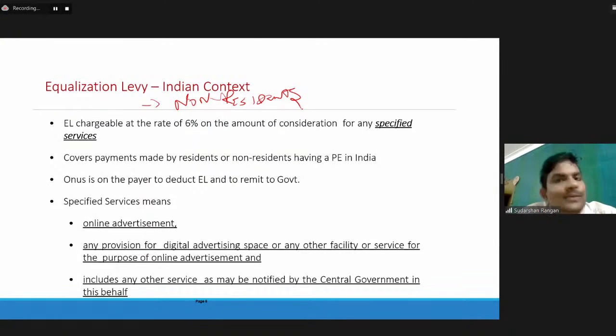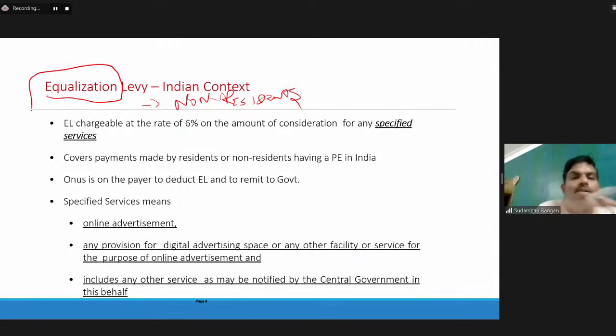Because residents are anyways going to come under the Income Tax Act, section 194. 194O was recently introduced. 194J will be there. 194C is there. Or even assuming TDS is not there, you are going to pay taxes. So in order to bring these non-residents equal with resident e-commerce providers or resident digital companies, the name is called equalization. I want to equalize them. That's why the name is used as equalization levy.